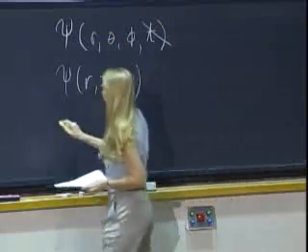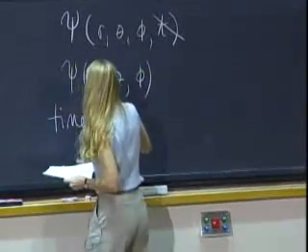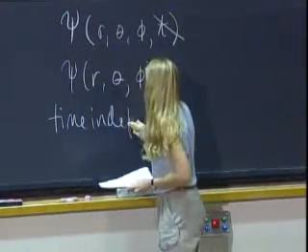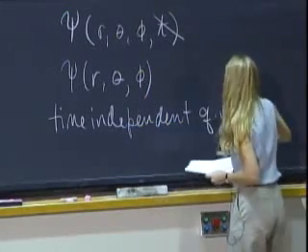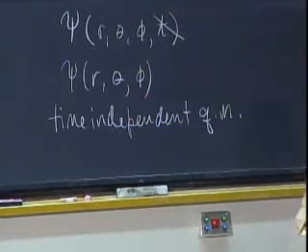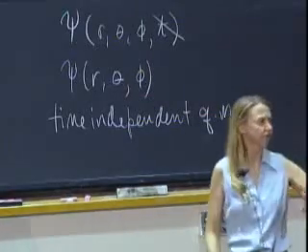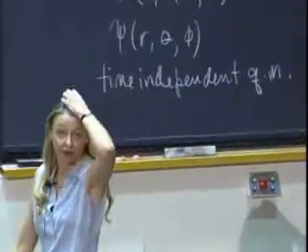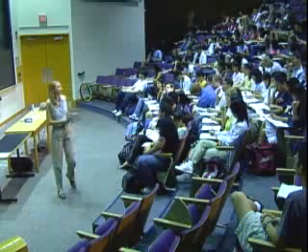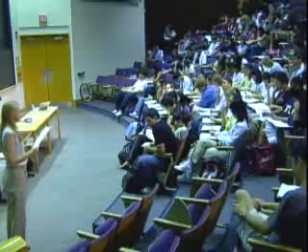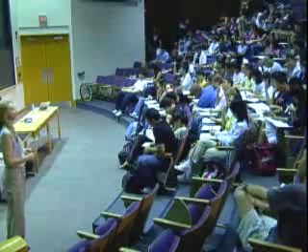And we're looking at what's called time-independent quantum mechanics. Later on, if you're in a graduate course in chemistry, that's when you look at time-dependent wave functions. All right? So we're going to look at time-independent quantum mechanics, the stationary wave.